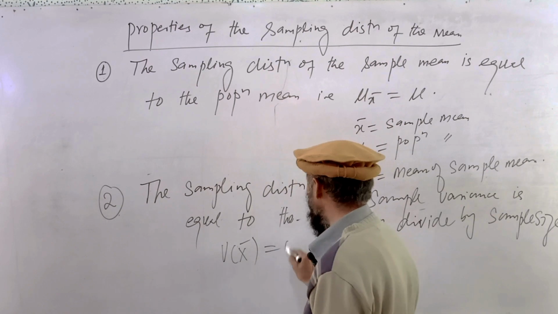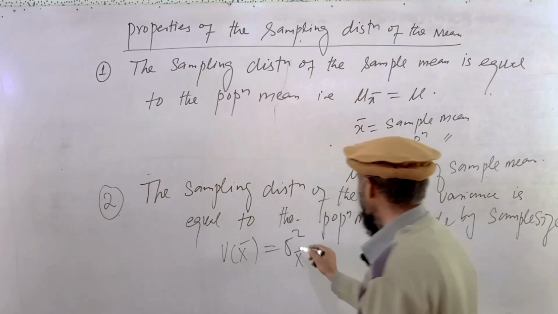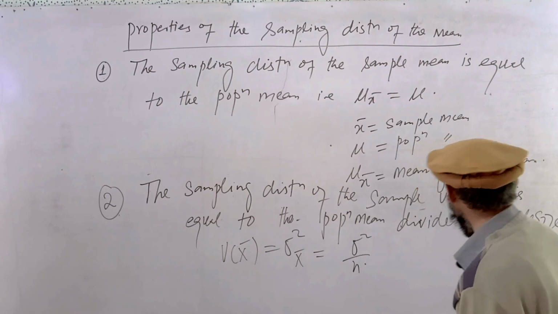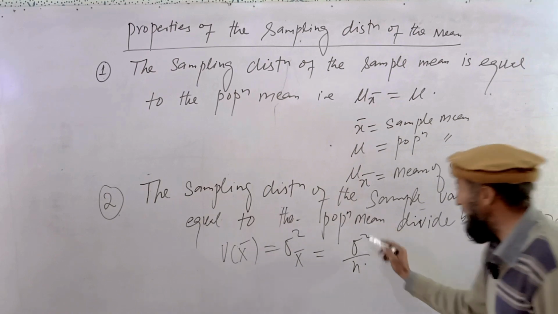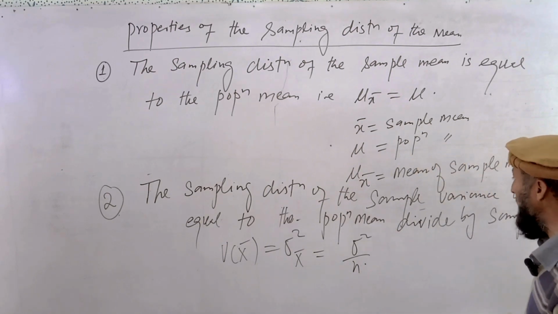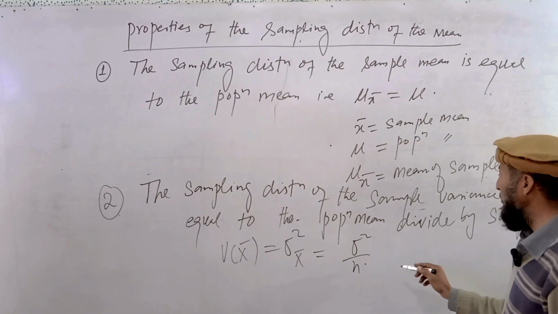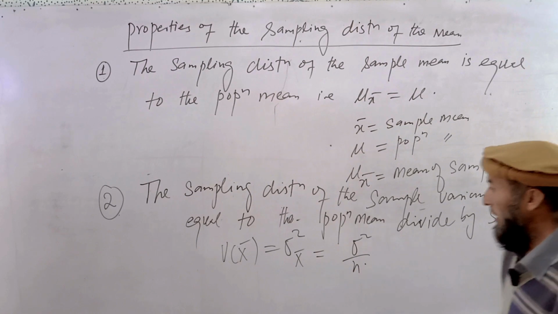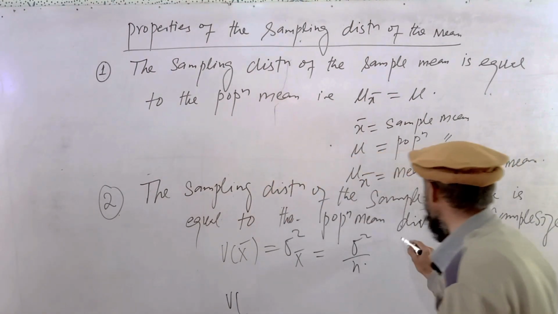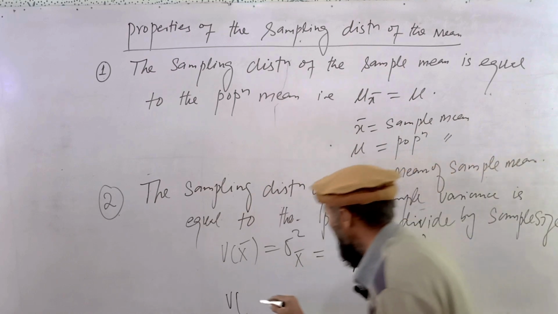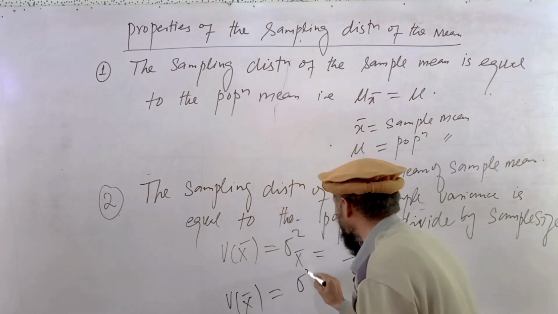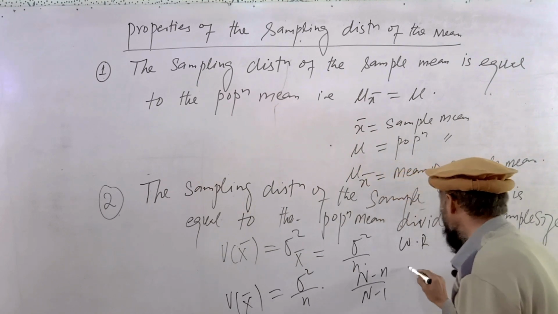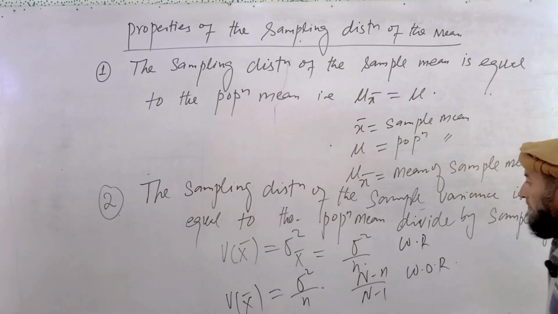Variance of x bar is equal to sigma square of x bar, which equals sigma square divided by n, where n is the sample size. If we are using the with replacement case, this is the formula. If we are using the without replacement case, the variance is sigma square divided by n times (N minus n) divided by (N minus 1).